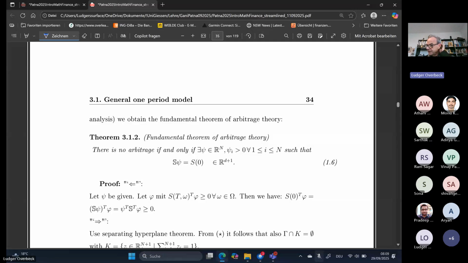In this vector space, you have a strictly positive vector such that this matrix S, which has N states and for each state the d plus 1 assets, applied to this vector, what's called the state vector later, gives you the initial vector.